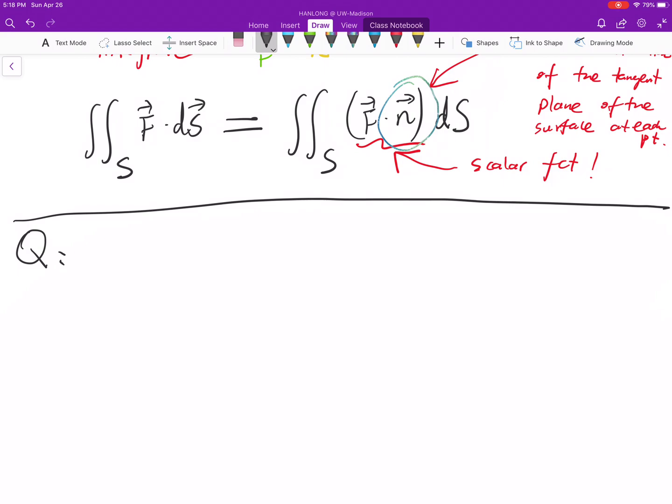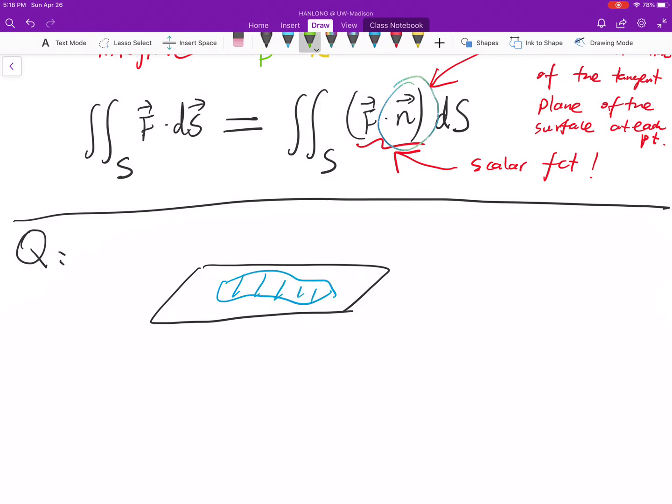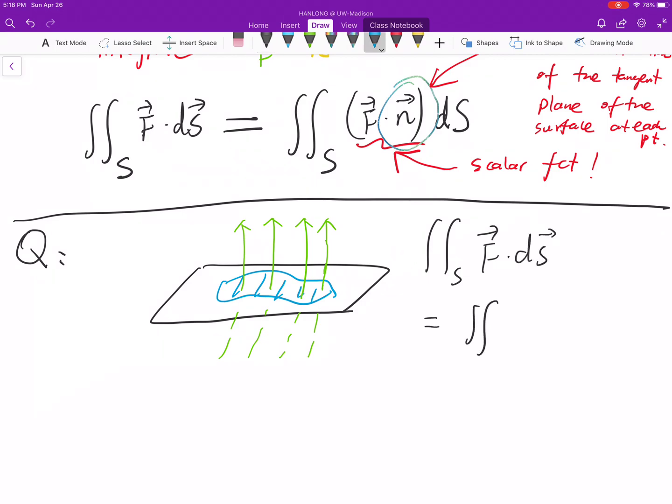So if you look at the picture carefully, you notice that the numerical quantity of the integral depends on the choice of the normal vector.